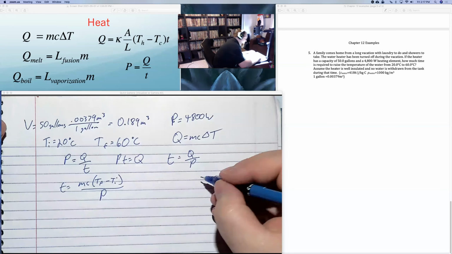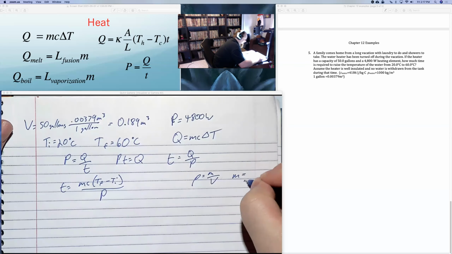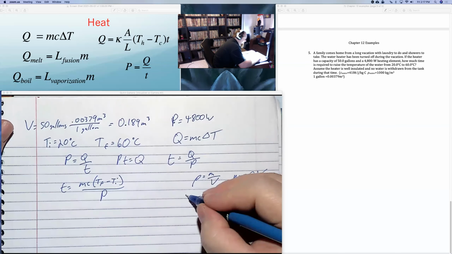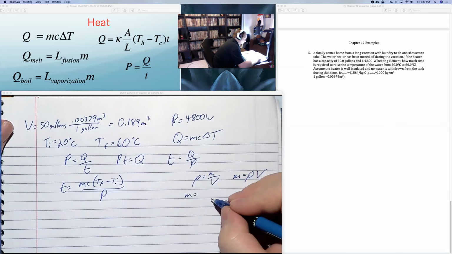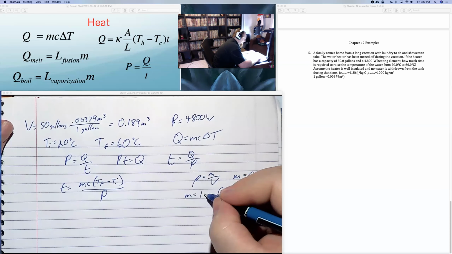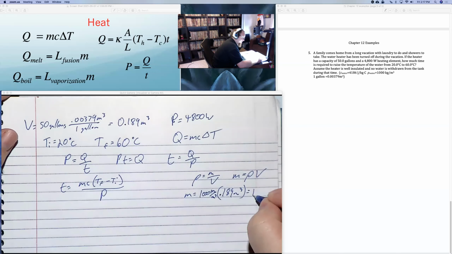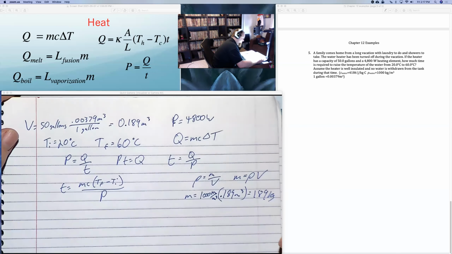But we also know that density is mass over volume, and therefore mass is density times volume. And so if we have a volume of 0.189 meters cubed, and water has a density of 1,000 kilograms per meter cubed, that means we have a mass of 189 kilograms.